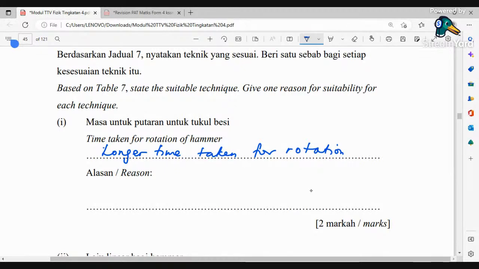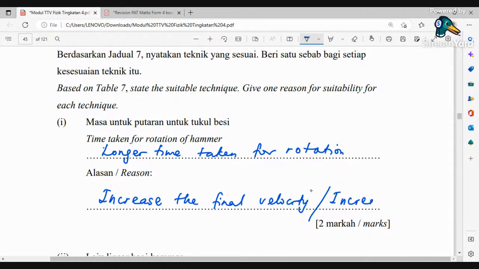Because to increase the final velocity. Reading 8 means the final velocity achieved is higher. So it will travel further. Okay, to increase momentum.